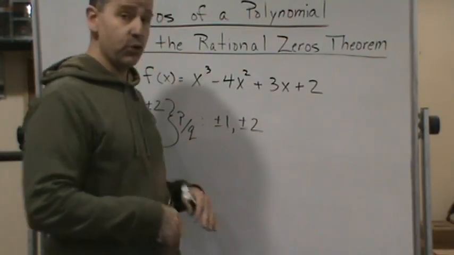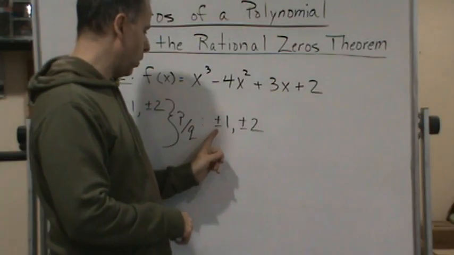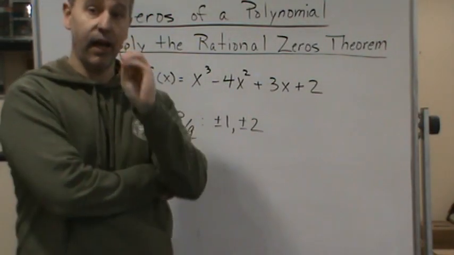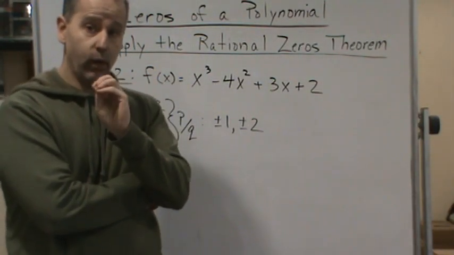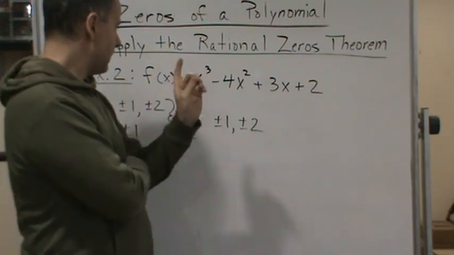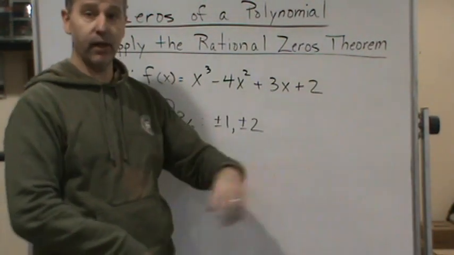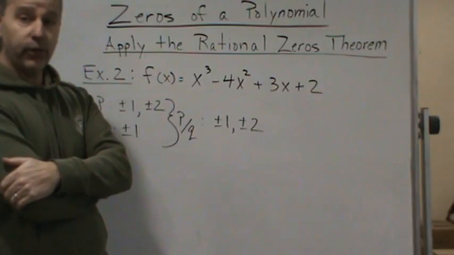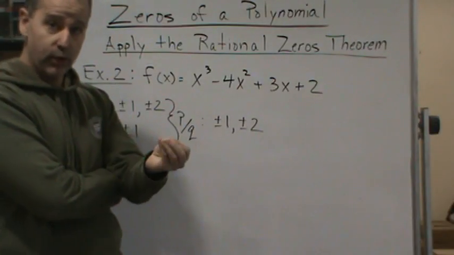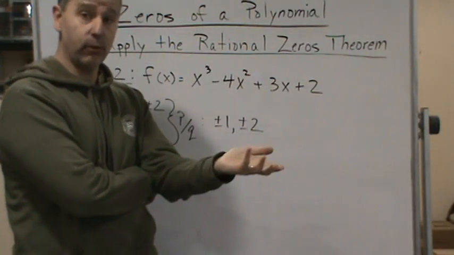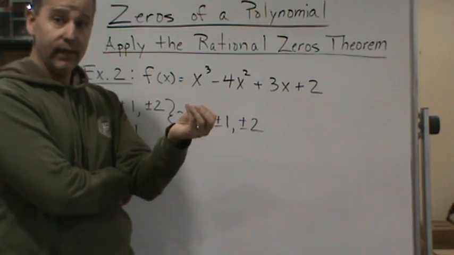So the first thing I would do is use the easy ones. Now, plus or minus 1 are really easy because the cool thing with using 1 is that it just reduces to the sum of the coefficients. So if the sum of the coefficients add up to 0, then 1 is a 0.